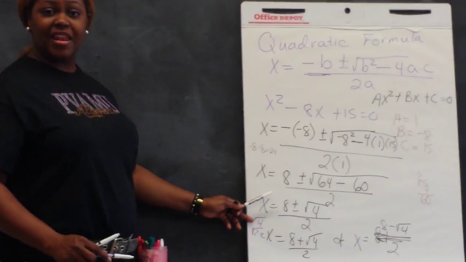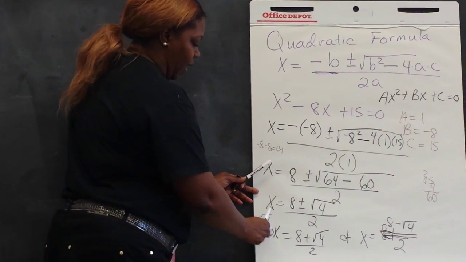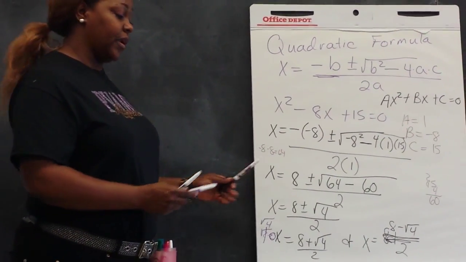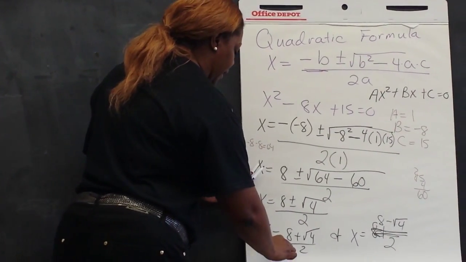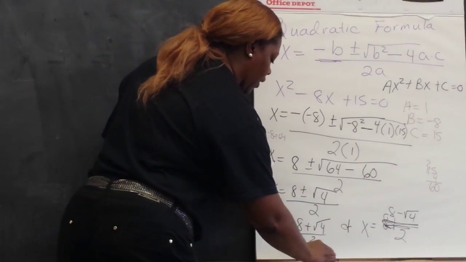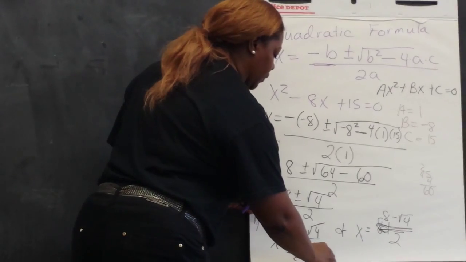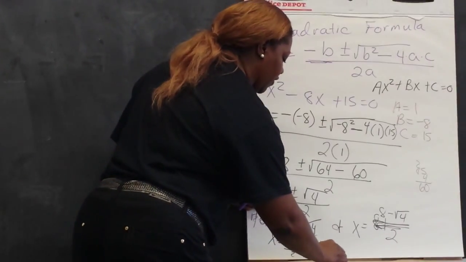If I have two of anything under the square root symbol, I can cancel out one and bring one out, so I would just have 2 there. So now this reads x equals 8 plus 2 over 2, and 8 plus 2 is 10, so we get 10 over 2.